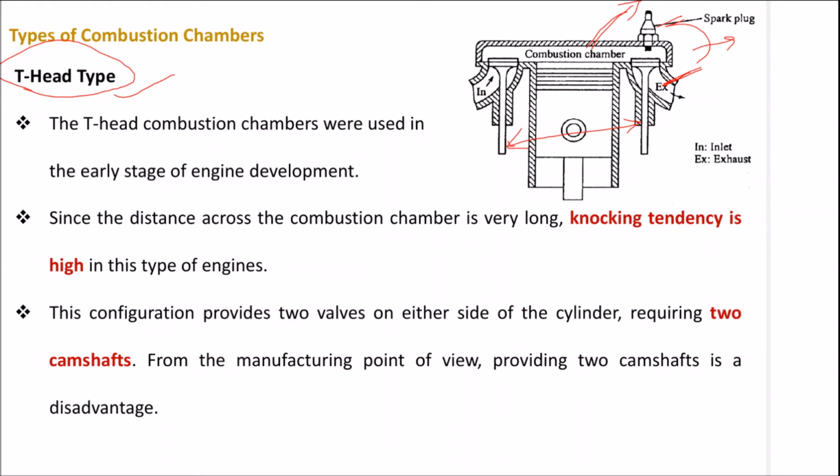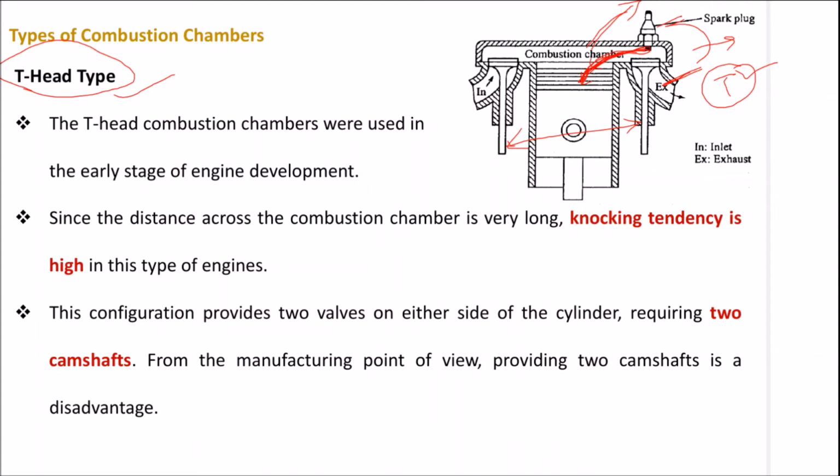Since the flame travel distance is very long, the knocking tendency is high in this type of engine. The first disadvantage of the T type combustion chamber is that its flame travel distance is long.